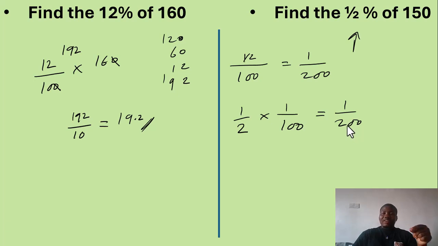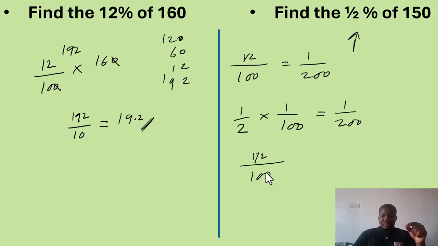So you now say half percent of 150. We can do it either way. We can say half over 100 times 150, or we can say 1 over 200 times 150. But let's do half over 100 times 150.